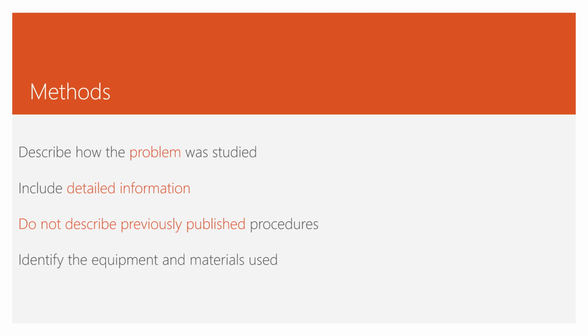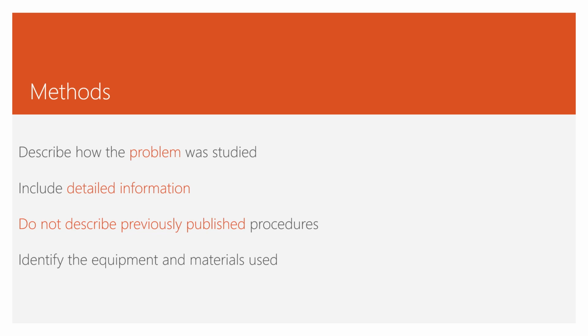But if you use any methodology described previously in another paper, then you only write the reference of that paper. And if you have made certain modifications in the procedure, then you have to quote only those modifications.